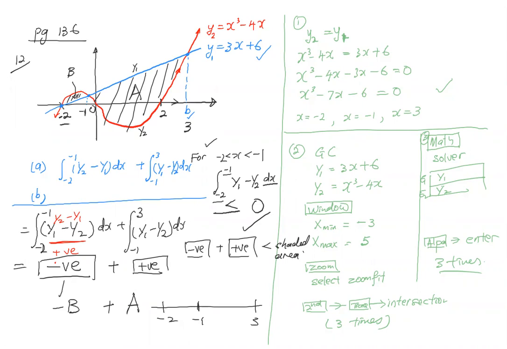Your y1 is in terms of x, your y2 is in terms of x, so everything has to be in dx. Clear? So the answer here, you can check from your textbook or use your graphic calculator. Can I move on? Okay, I'm going to question 10. Please have a look at question 10 while I sketch out the graph.